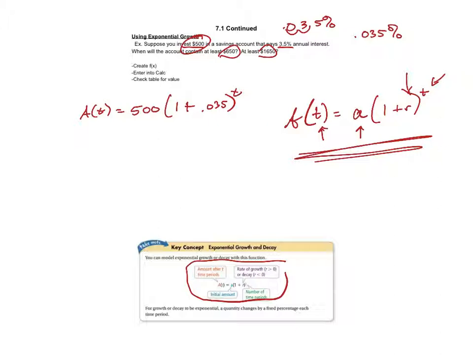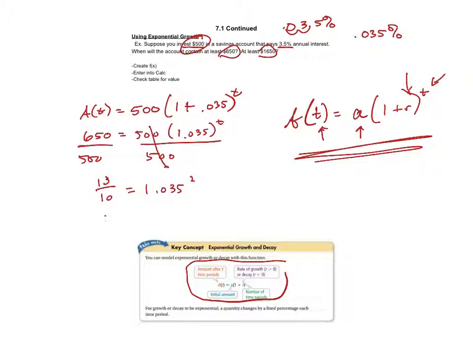I don't know what my time is yet, but what I need to do is when I make 650 and I have 0.035 t, and then of course do your inverse operations, and let's see what we have.